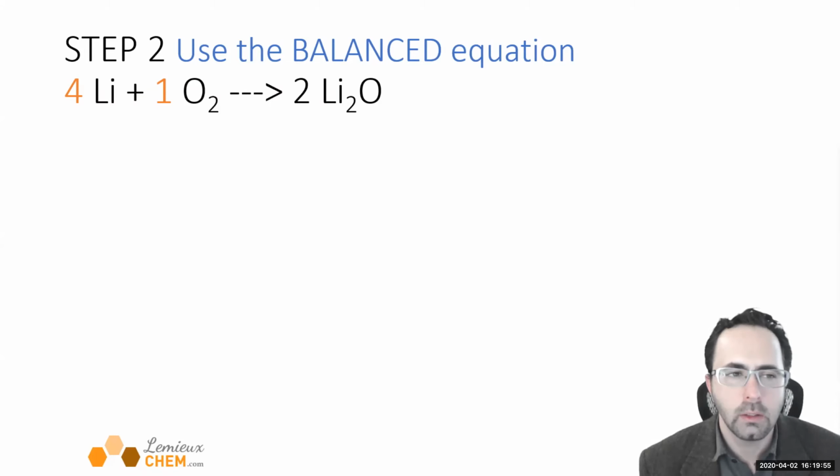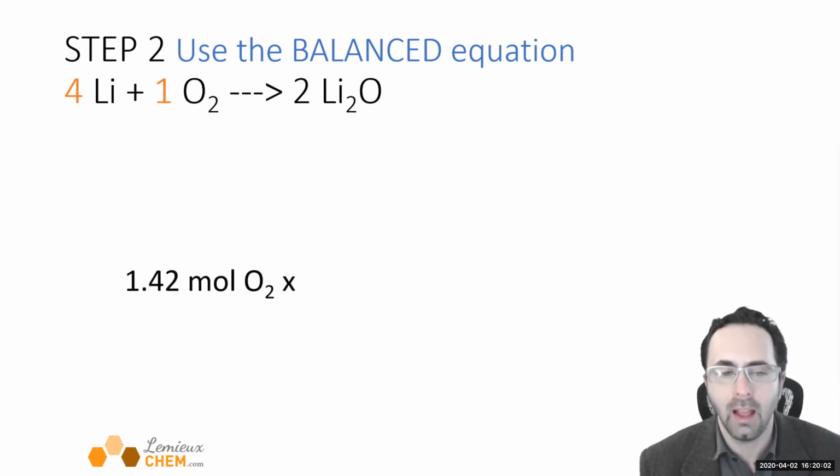So next, what we want to do is get to how much lithium. In the last part of the question, we got to how many moles of O2. But what we want to do is convert that to how many moles of lithium would react, because the question asked us about lithium. So first thing, we don't have to turn our brains on.